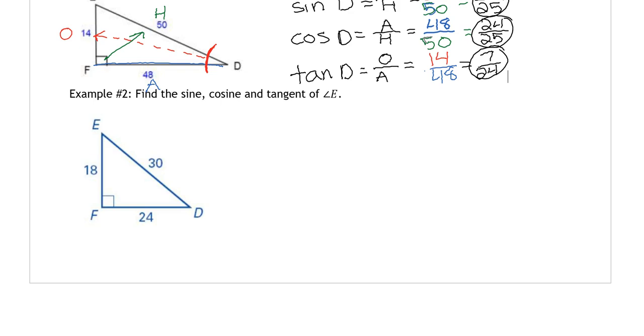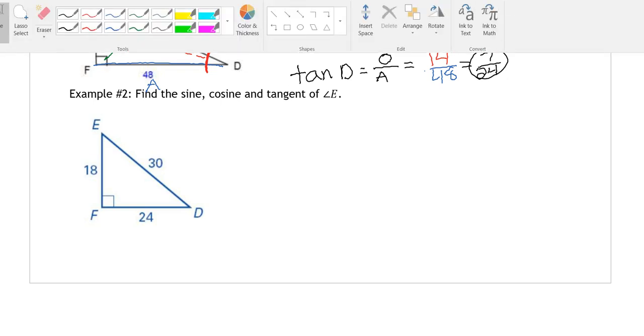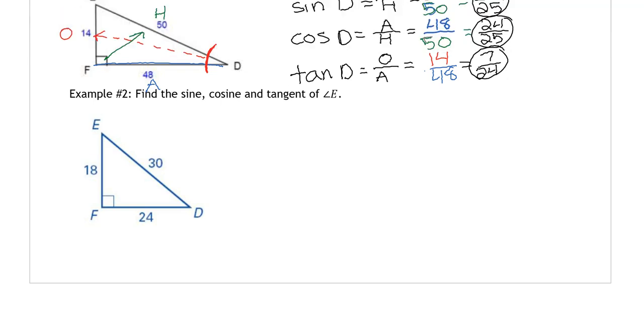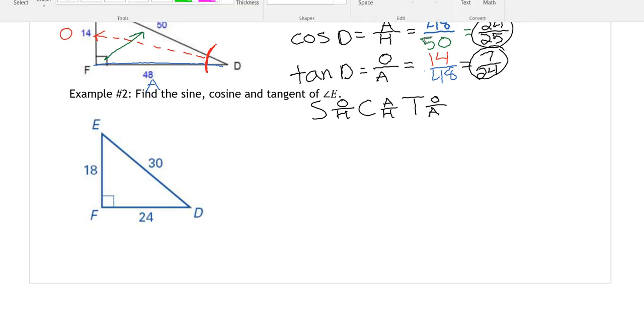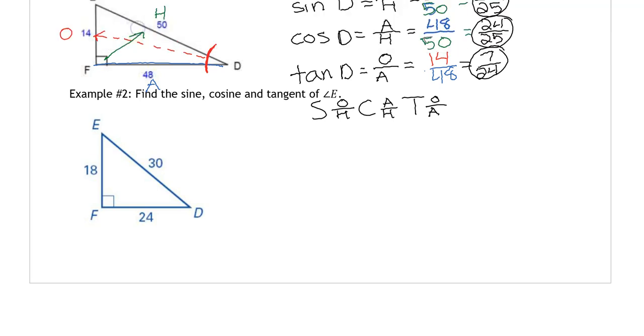All right, let's look at example 2. Again, I'm going to start by writing SOH CAH TOA so that we remember it. Then I'm going to label my sides. Across from my right angle is my hypotenuse.